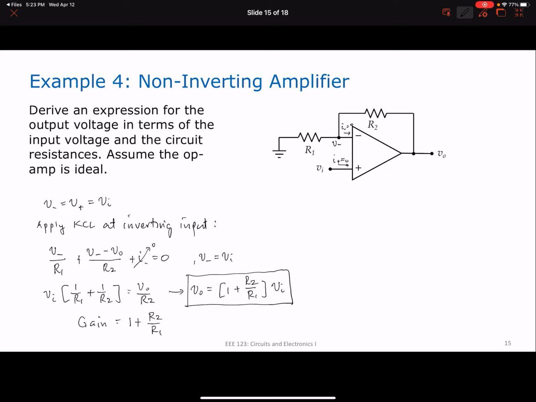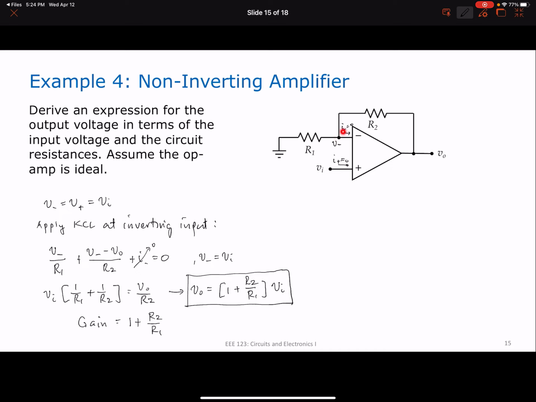Notice that I could have gotten exactly the same expression by applying voltage divider to this particular path. Because since I minus is equal to 0, then V minus can be expressed in terms of V sub O by the voltage divider equation.